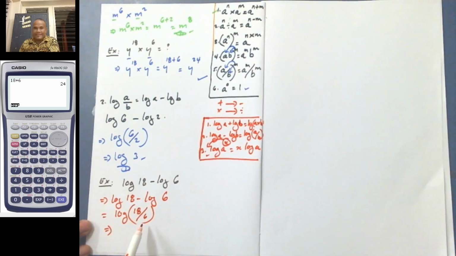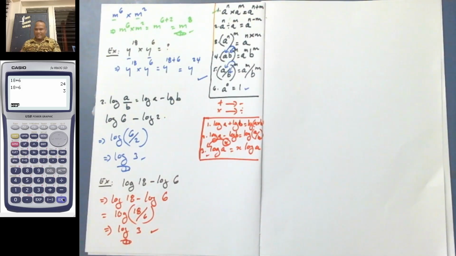And 18 divided by 6 is what? Like I said, if you're not sure, please use the calculator. At the end of the day, we're aiming for the mark. So 18 divided by 6 is 3. So our answer in this case is log 3.